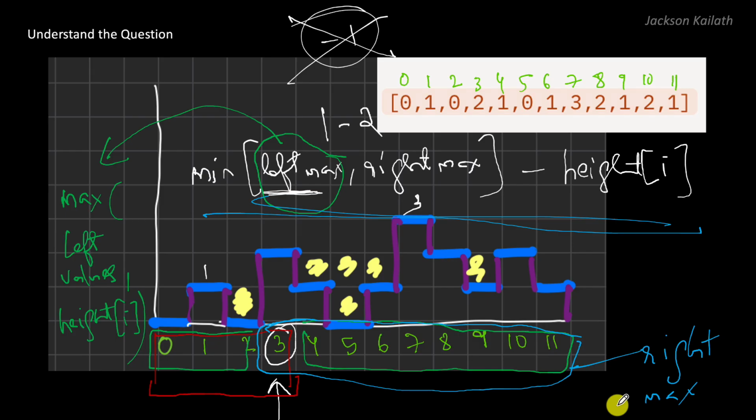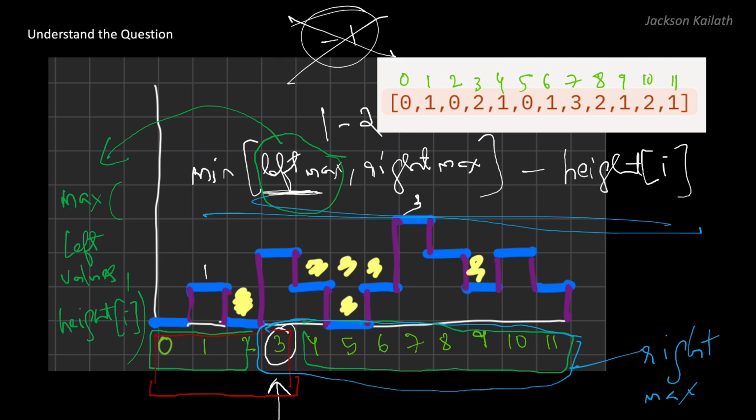Now logically also this makes sense, because we want the minimum between left max and right max only when that minimum is greater than the height at that particular position itself. If the minimum between left max and right max tends to be less than the height at the index that we're talking about, then we would just want it to give us the current height, and in that way we do current height minus current height, which is equal to 0, and we are avoiding getting a negative value.